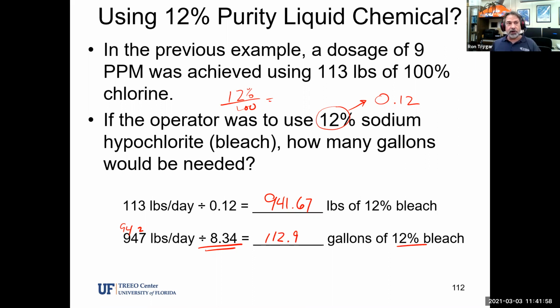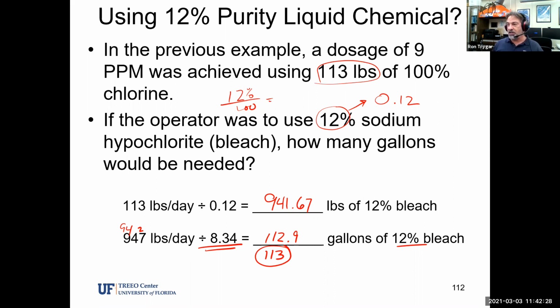So where we were going with this scenario is that when you're using 12% bleach and using 8.34 as the division factor for pounds per gallon, it gives you a number that is very, very close to the actual starting weight we were dealing with at the beginning of this concept.